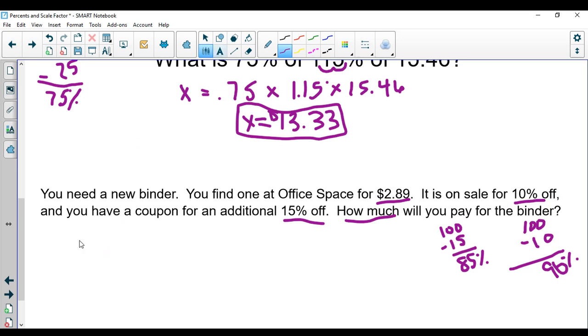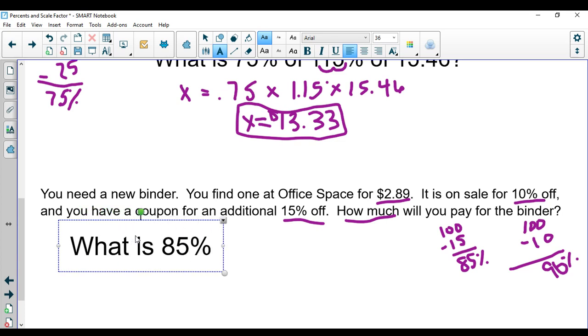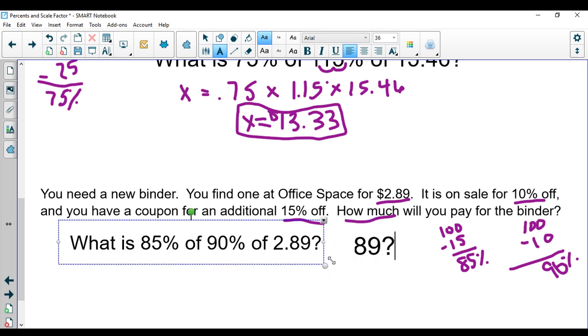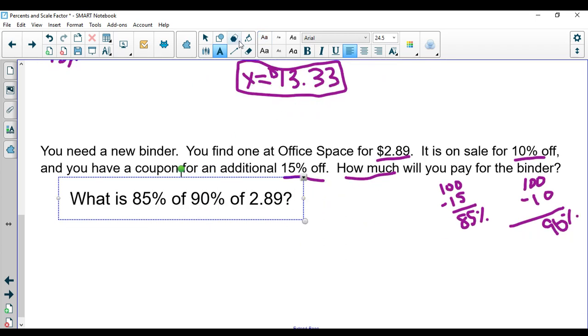Okay. So I'm going to find what is 85% of 90% of 2.89. And that is what this problem is asking me to find.